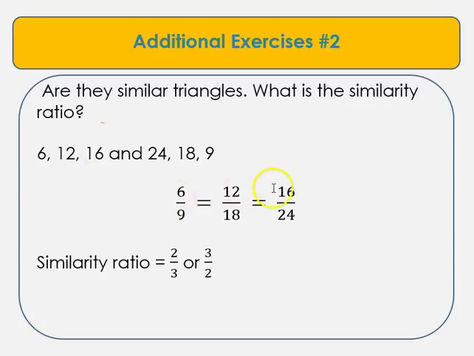So 6, 12, and 16, and then I took a look at the ratios for the bottom, and I realized that 6 over 9, which reduces to 2/3, is the same as 12 over 18, which reduces to 2/3, which is the same as 16 over 24, which reduces to 2/3. Now, if you'd put the larger set of numbers on top and inverted all of these, your similarity ratio would be 3/2. And if they don't specify, either answer is correct.